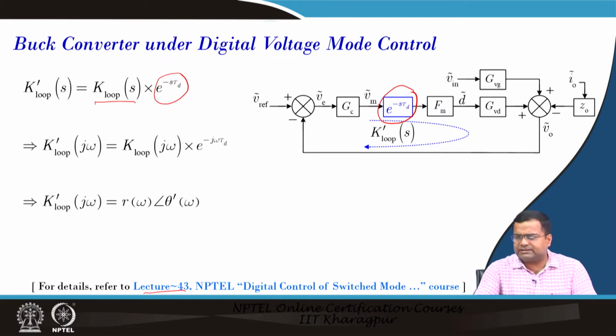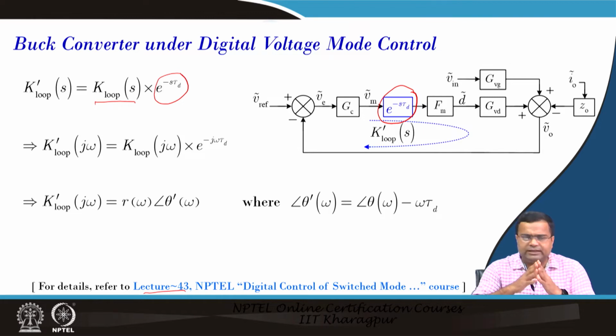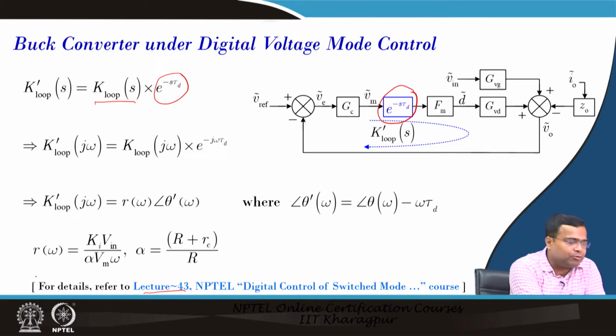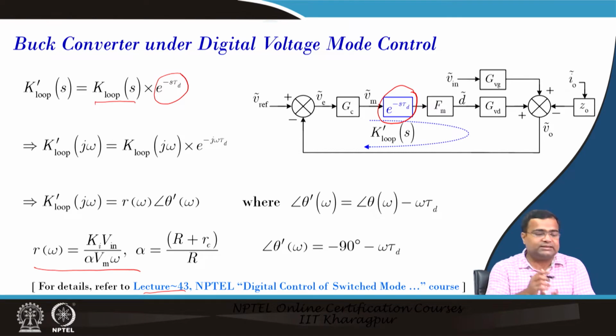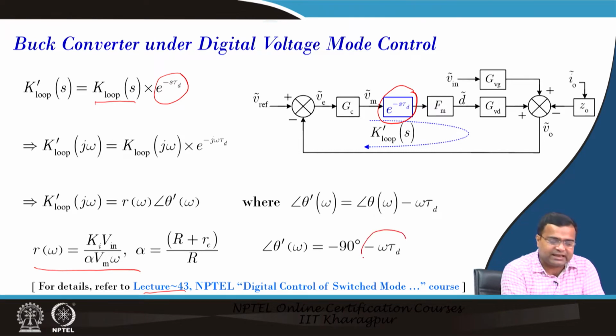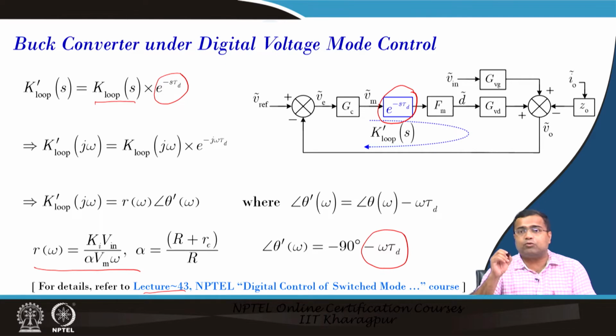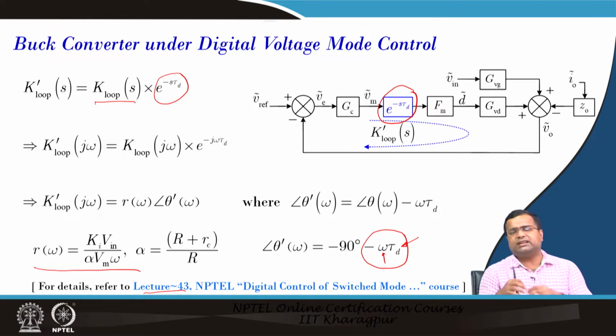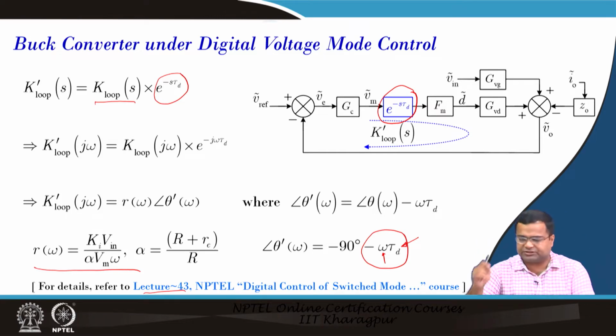This delay will not change the gain plot, but it will change the phase plot. The gain plot remains unaffected, but the delay introduces an additional phase lag of minus omega tau d, where omega is the instantaneous frequency and tau d is the amount of delay introduced due to the digitization process.